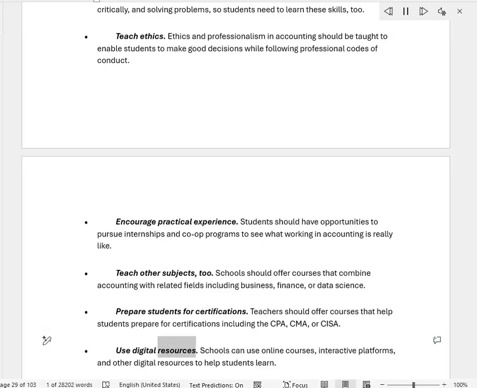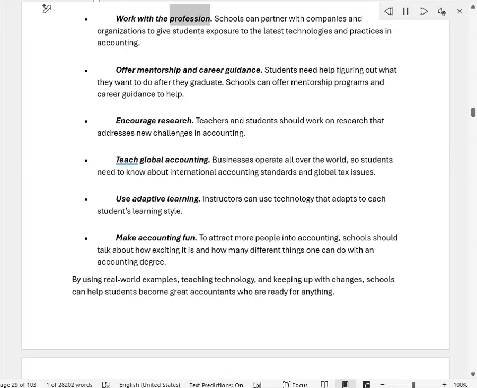Use digital resources. Schools can use online courses, interactive platforms, and other digital resources to help students learn. Work with the profession. Schools can partner with companies and organizations to give students exposure to the latest technologies and practices in accounting.